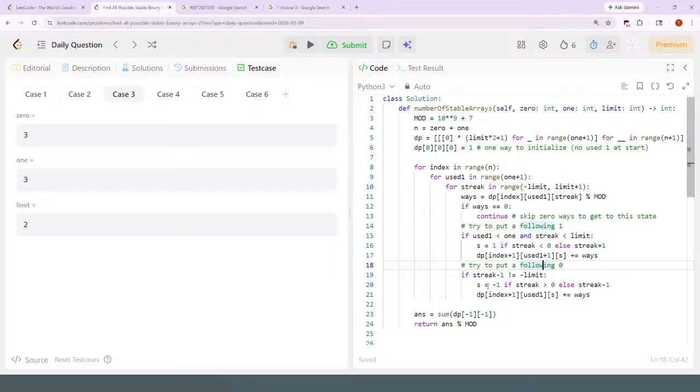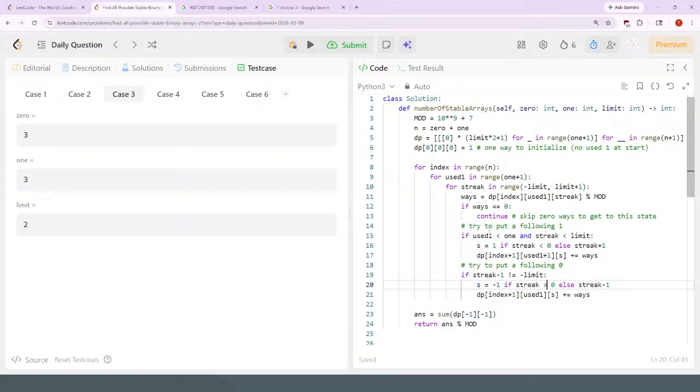I'm using s in the wrong place. Okay, come on. S: streak is less than 0, else streak plus 1. Store into s. Streak minus 1 is negative limit.